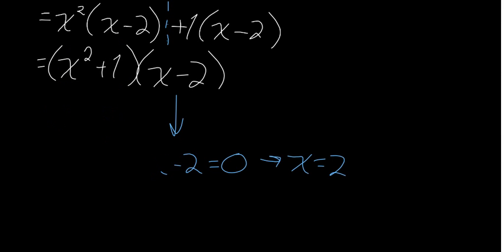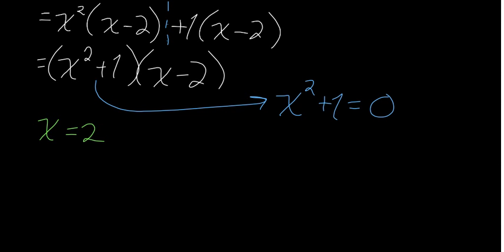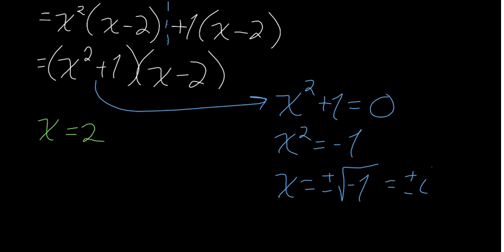So we have one solution, x equals 2. The next solution, recall, is x squared plus 1, which we equate to 0. We've got x squared is equal to negative 1, and then we take the square root of both sides. So x is equal to positive or negative square root of negative 1, which we know as plus or minus i. So that is my solution.